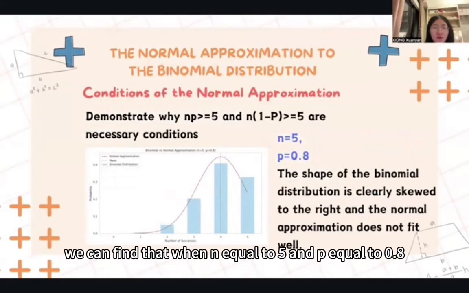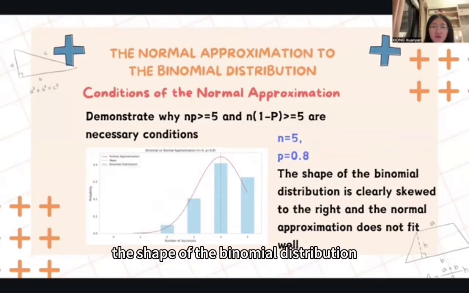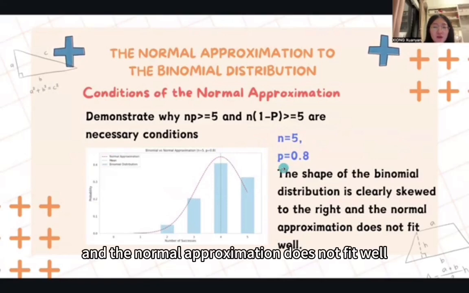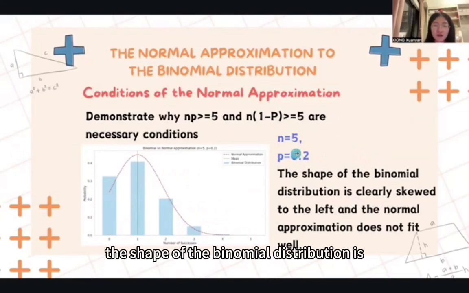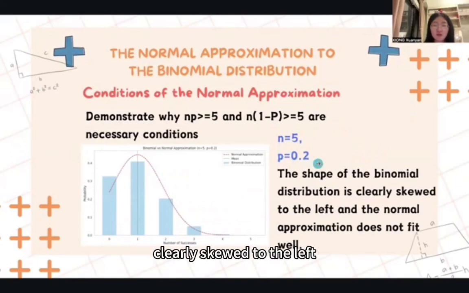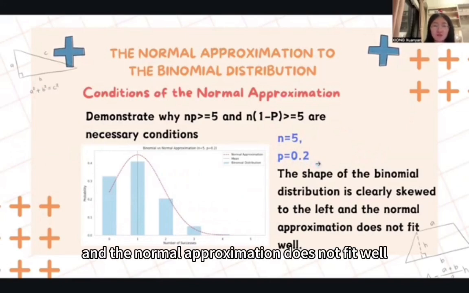We can find that when n equals 5 and p equals 0.8, the shape of the binomial distribution is clearly skewed to the right, and the normal approximation does not fit well. And when n equals 5 and p equals 0.2, the shape of the binomial distribution is clearly skewed to the left, and the normal approximation does not fit well.